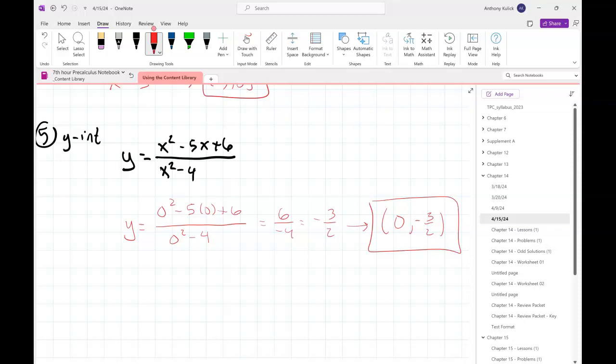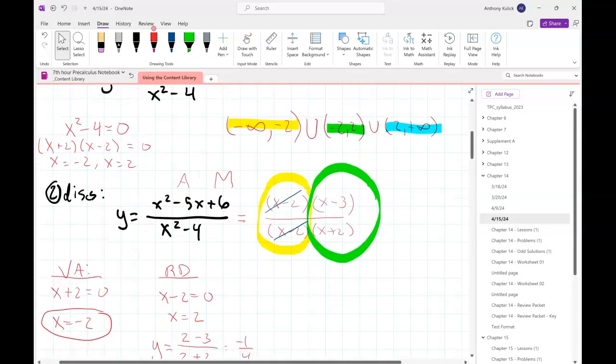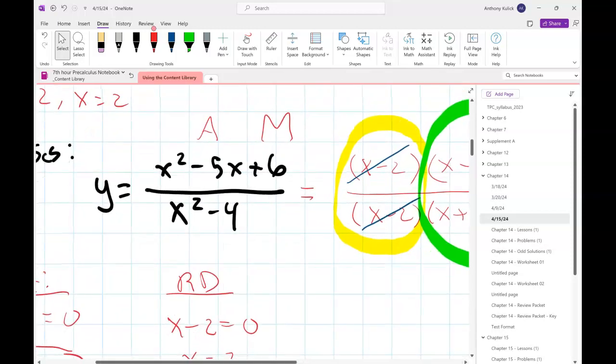I think this example I gave you is fairly representative. Now think back to the homework quiz that you guys took the other day. What happens if the numerator is not factorable and you have a problem like this one asking about vertical asymptotes? If I can't factor the numerator, can I reduce it?